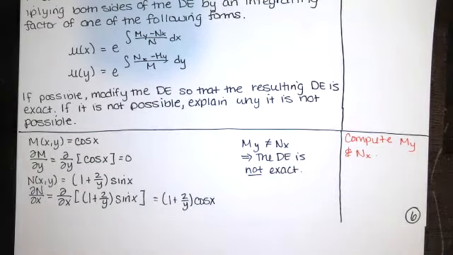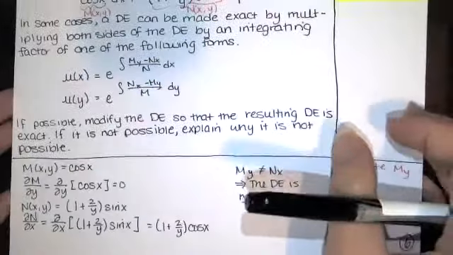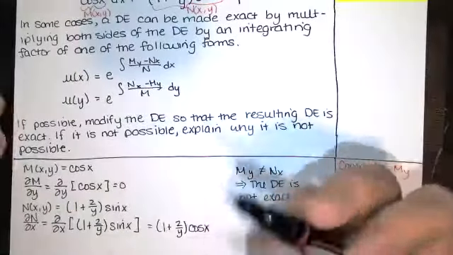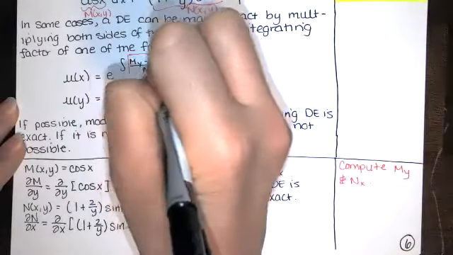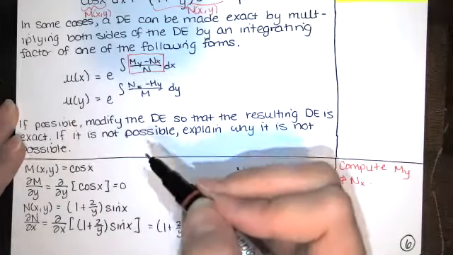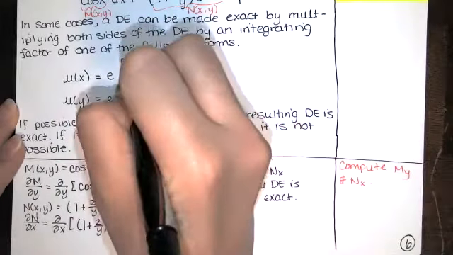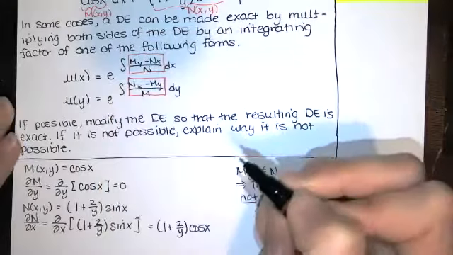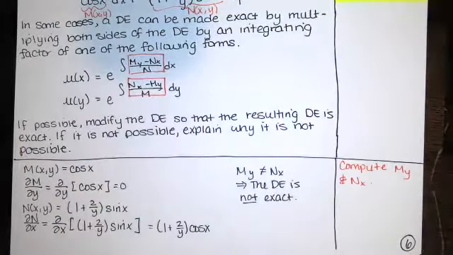Now, we're asked to make the differential equation exact if we can. The only way that we can make the differential equation exact, at least with the methods that we're familiar with in this class, is if this function is a function of x only. If this function is a function of x only, we have an integrating factor that's a function of x only. If this function is a function of y only, we'll have an integrating factor that is a function of y.